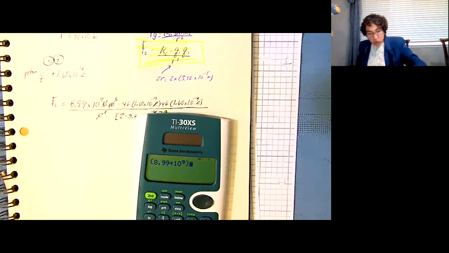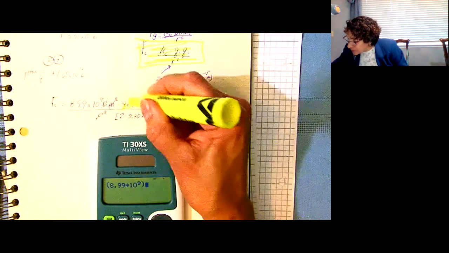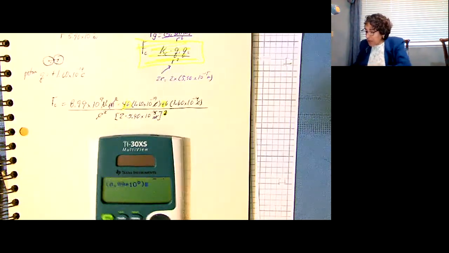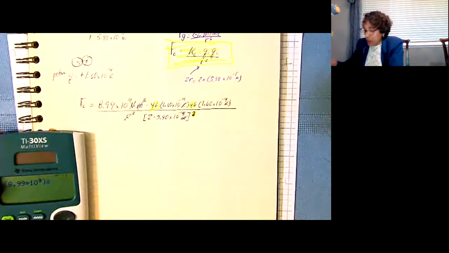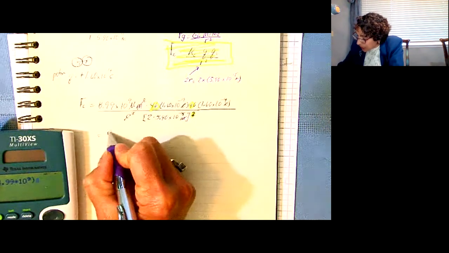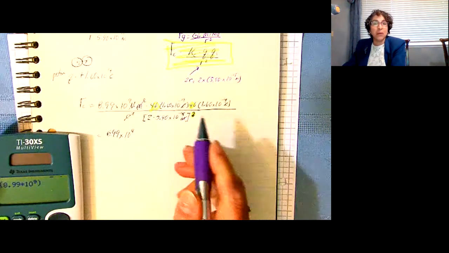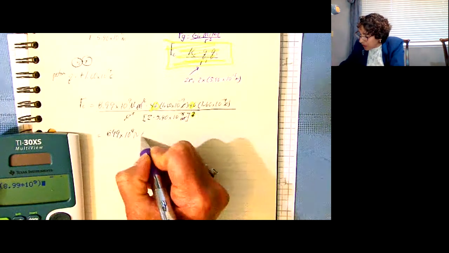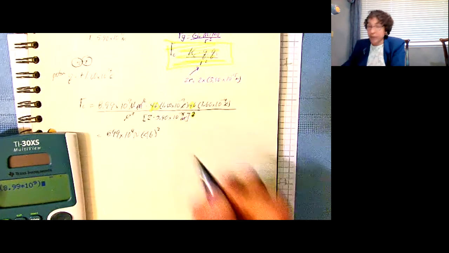Now I notice that there's a 46 and a 46. So why don't I rewrite this to make it easier for myself, so I don't have to type in so many. I'm going to say this is actually 8.99 times 10 to the 9th, and I'm already done with units. I end up with newtons here. And I've got 46 times 46, so that's 46 squared.